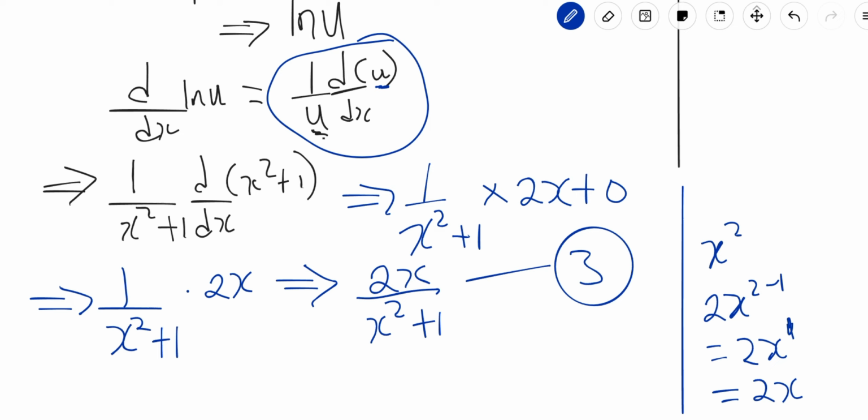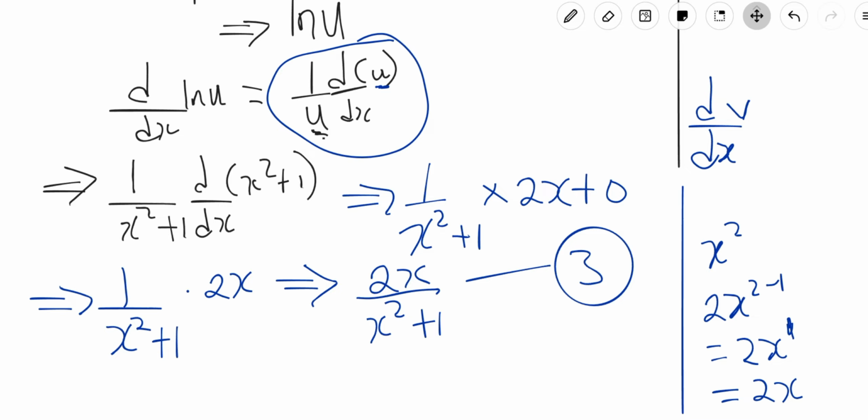What I just achieved was differentiating v with respect to x. That's just what I achieved.